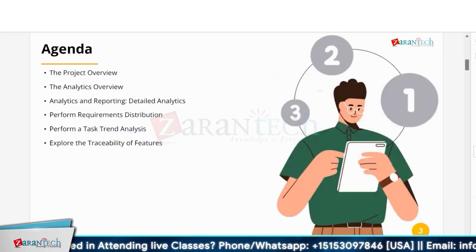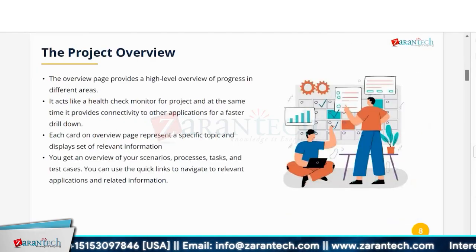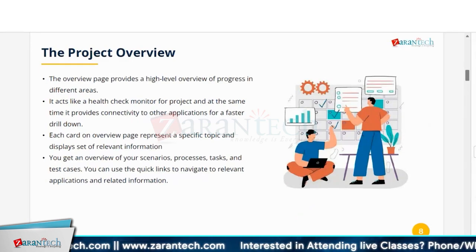So the agenda is we'll go through the project overview, the analytics overview, analytics and reporting, and detailed analytics. We perform requirements distribution, perform a task trend analysis, and explore the traceability of features. During the course of the training, we have gone through the project overview page multiple times, and now you have quite a bit of understanding of what it looks like.